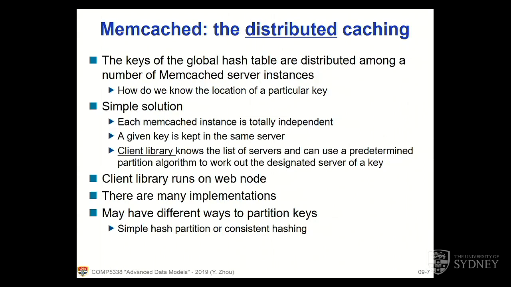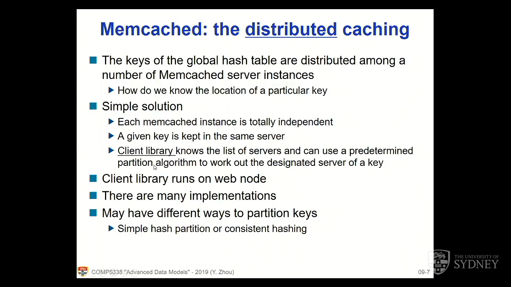It doesn't know how many others there are, so they only manage their own things. A given key is always kept in the same server, so it doesn't keep migrating. Once it's decided that this key belongs to this server, it always goes there.